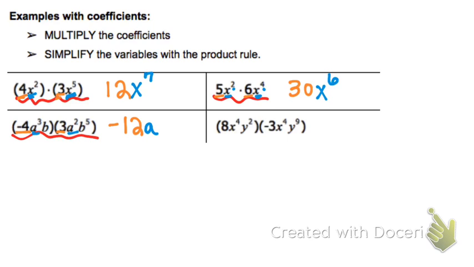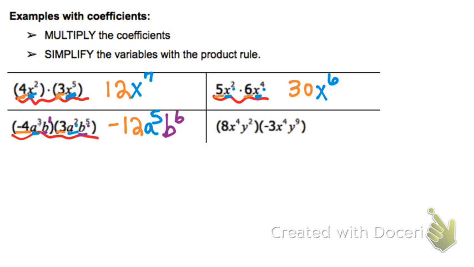So in total, a is being multiplied by itself 3 plus 2 times, a total of 5 times. And then we have the b. Here, well, that's just one b, right? And then b here is being multiplied by itself 5 times. So in total, b is multiplied by itself 6 times.